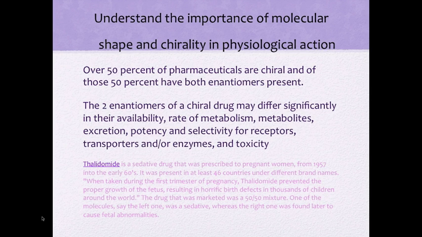Thalidomide is an example of a sedative drug that was provided in the 1950s and 60s to pregnant women. It was thought to be safe. However, thalidomide prevented the proper growth of the fetus inside the body, and it resulted in horrible birth defects.